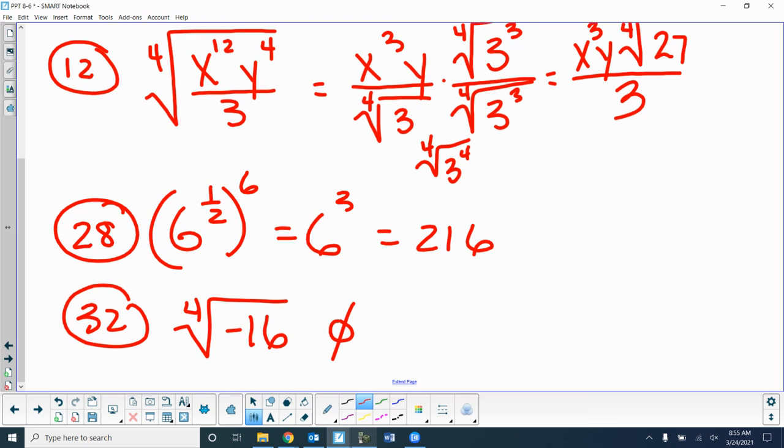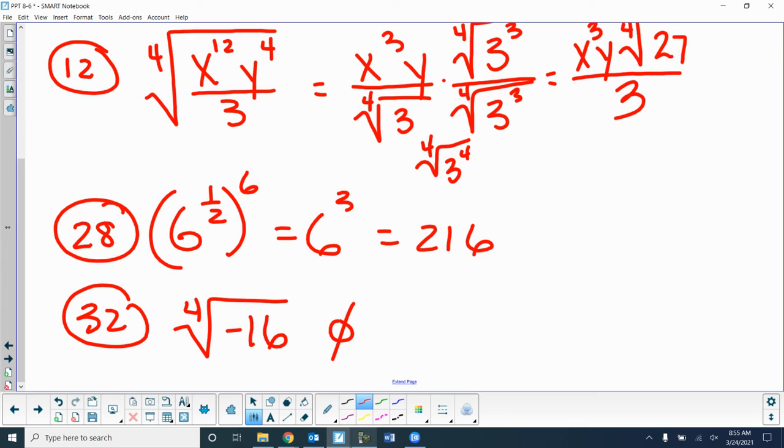44 is radical form, the square root of 6 cubed, which is 6 radical 6 when you simplify it. 48, my exponent would be 48 to the 3/2 power. 52 would be 2 to the 3/4 power, or the 4th root of 8.